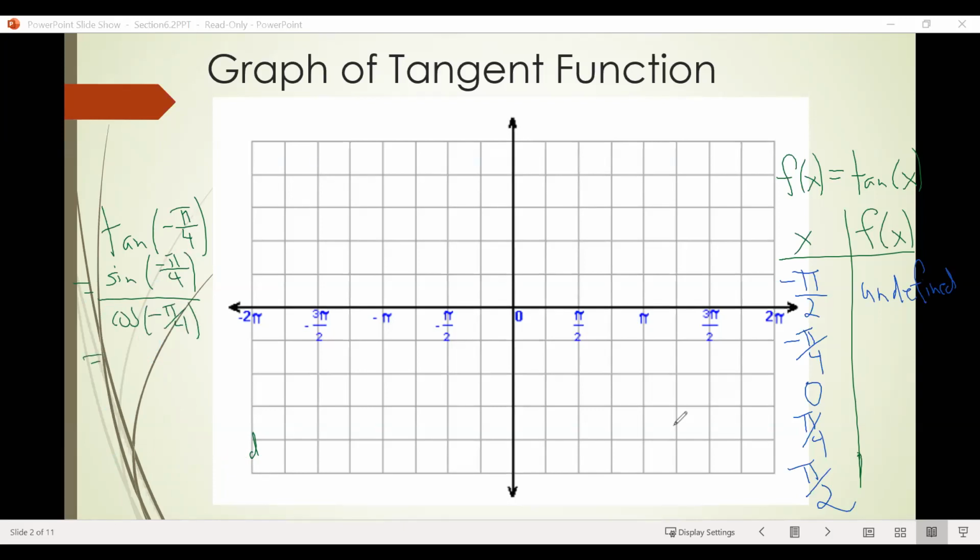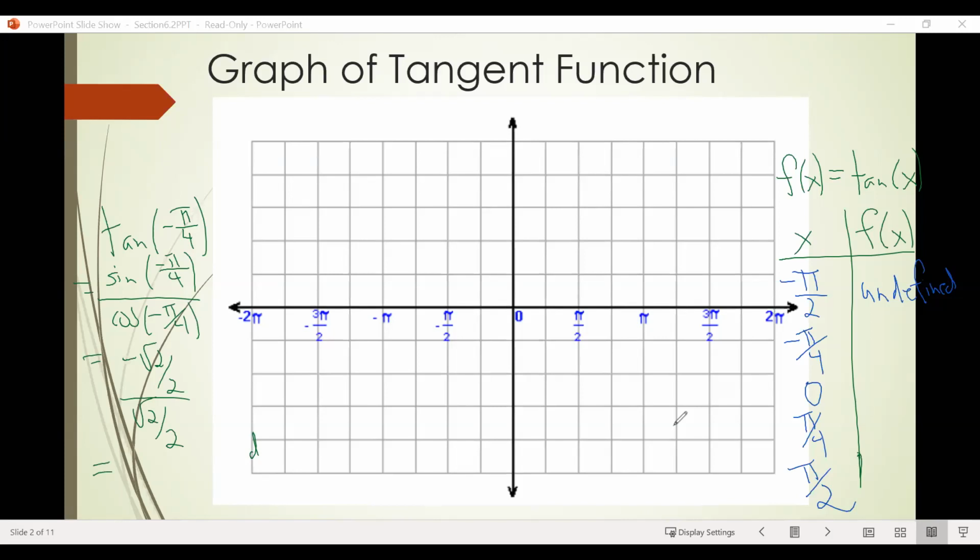If we again think of these angles in relation to the unit circle, we know that negative pi over 4 is in the same place as 7 pi over 4. The sine of 7 pi over 4 is negative root 2 over 2. The cosine of 7 pi over 4, since it's in the fourth quadrant, is positive root 2 over 2.